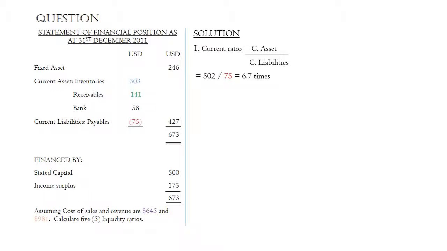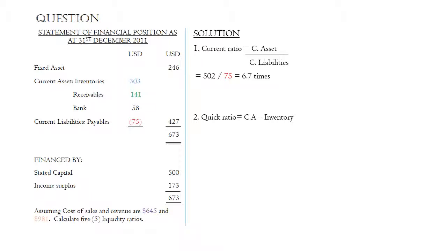So we get $502. Then we have our current liabilities to be only payables, which was $75. Now by division we get something around 6.7 times. In other words, it takes 6.7 times of our current asset to cover our current liabilities.